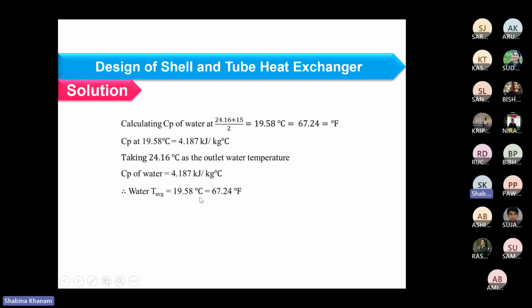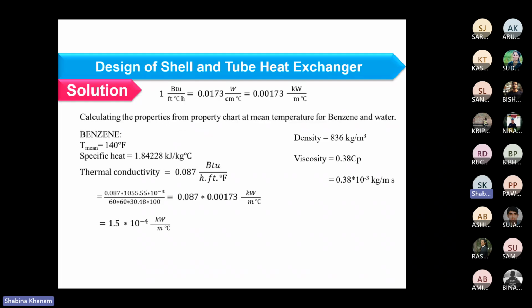Therefore you can keep 24.16 the exit temperature of the water. Okay, but this type of iteration you need to do when you have other fluid than the water.